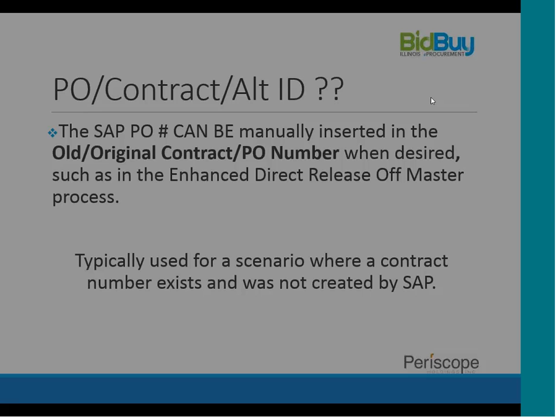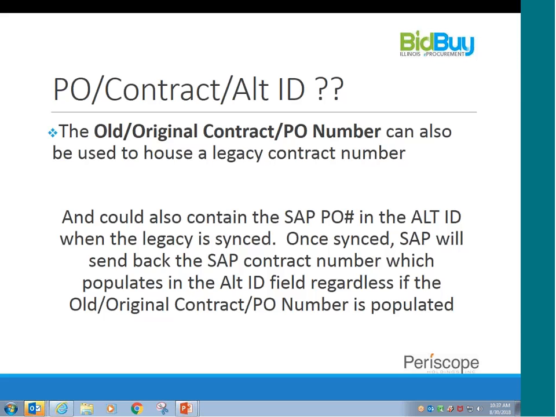So still on the topic, I don't see any questions specific to this topic, but that old original contract or PO number, as I was saying, can also be used to house a legacy contract number. And it can be used to contain the SAP PO number when the legacy is synced.